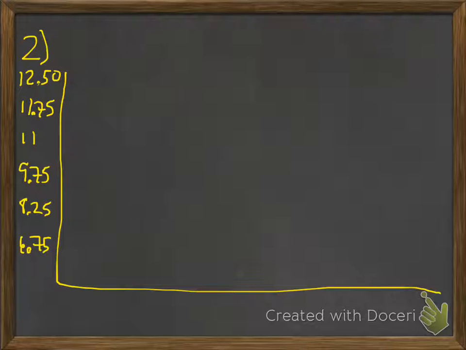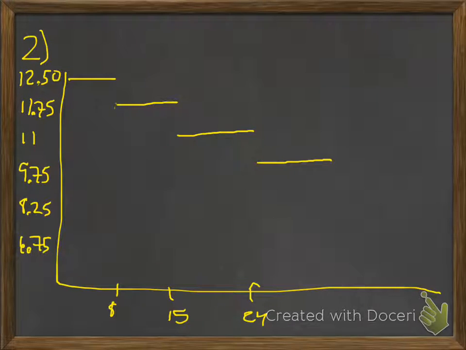Okay, so from 0 to 8, 8 to 15, 15 to 24, 25 to 34, 34 to 44, and then 45 on. Approximately like that. Okay, so you get the idea.